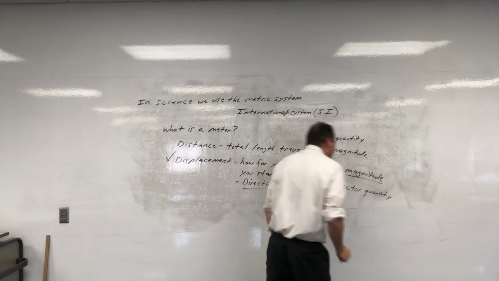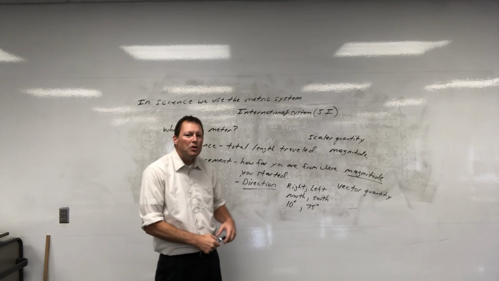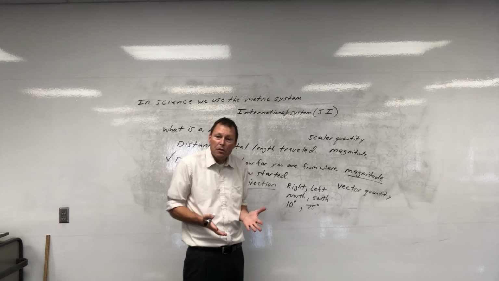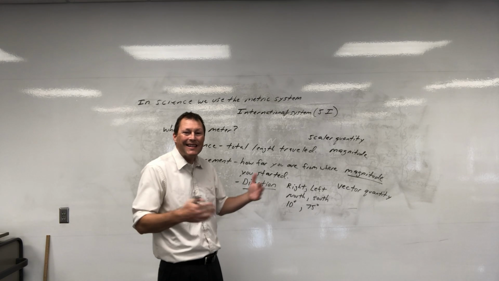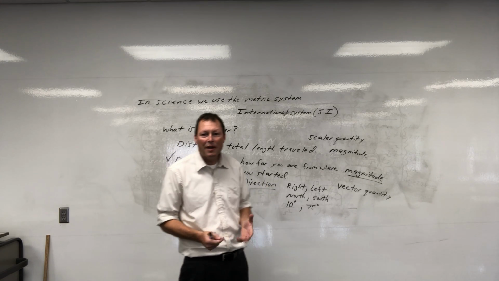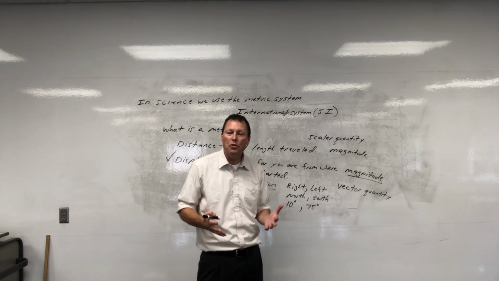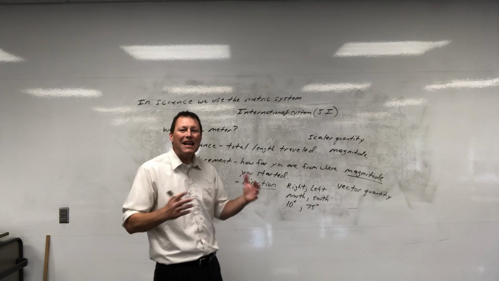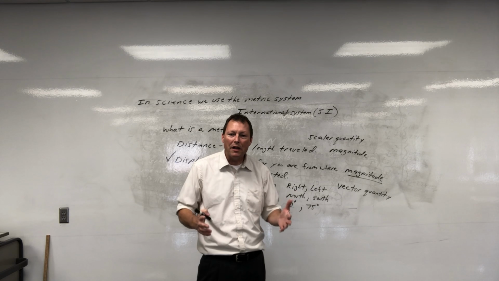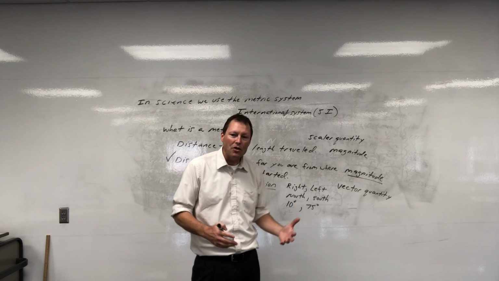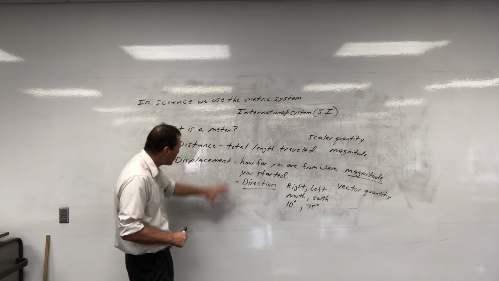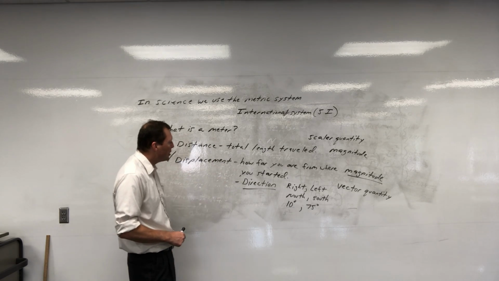Any quantity that has magnitude and direction, like force, is a vector quantity. Acceleration is a vector quantity. It's got magnitude and direction. Velocity is a vector quantity. It's got magnitude and direction. We'll talk a little bit more about this later.